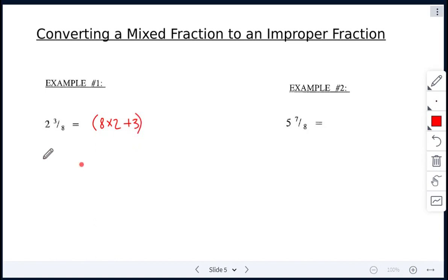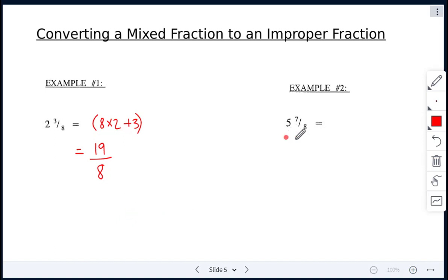All right, so you multiply the denominator by the whole number, and then you add the numerator. That will give you your numerator. So 8 times 2 is 16, plus 3 is 19. All right, and then we keep this denominator the same, so our answer is 19 over 8. All right, that's it. That's how you go from a mixed to an improper.